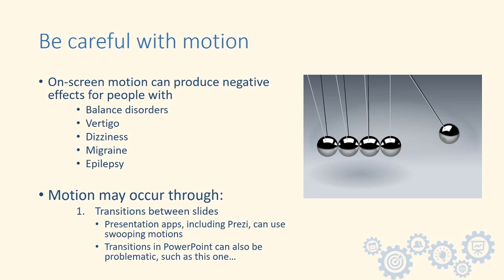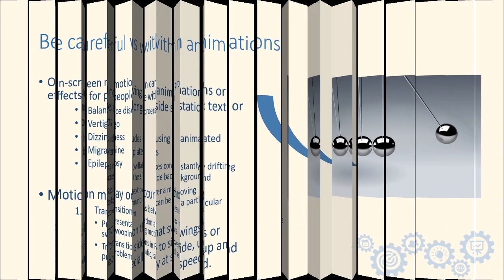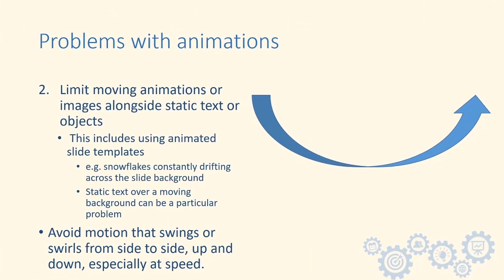Look away now if you have difficulty with motion on screen. That kind of transition might add novelty, surprise, but on the whole is best avoided. It's also good to be cautious with animations. Fancy kinetic templates, such as one in which snowflakes were constantly drifting down behind the text, can negatively affect some students.